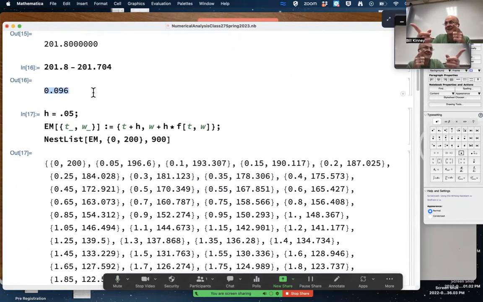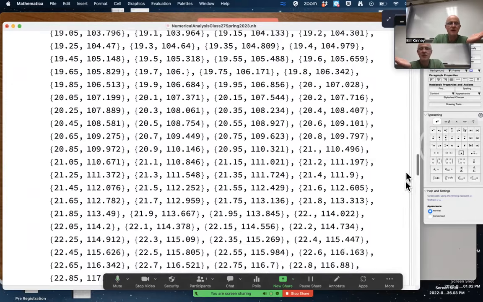That's important, what I just said there. I cut down the value of h by a factor of 1/2. I made it half as big, from 0.1 to 0.05. And the error went down by about the same factor, from 0.096 to 0.048.